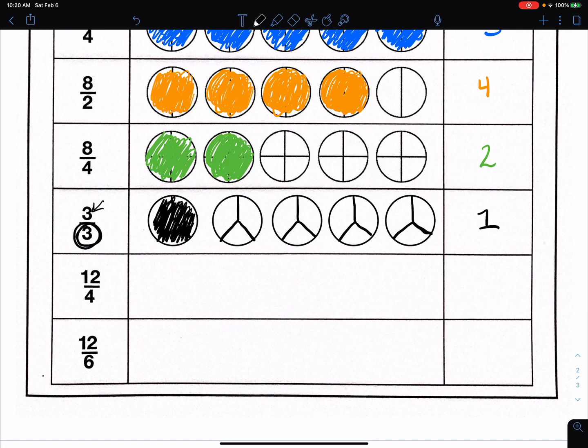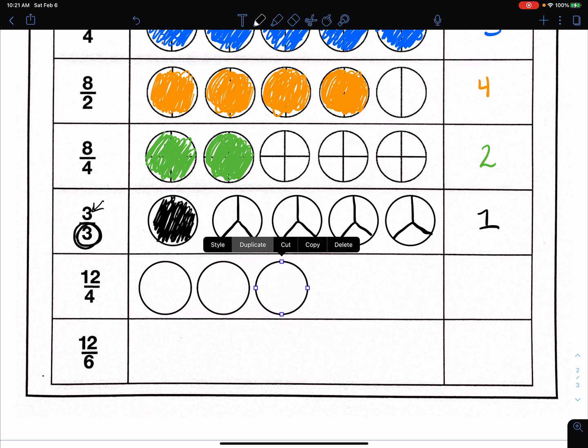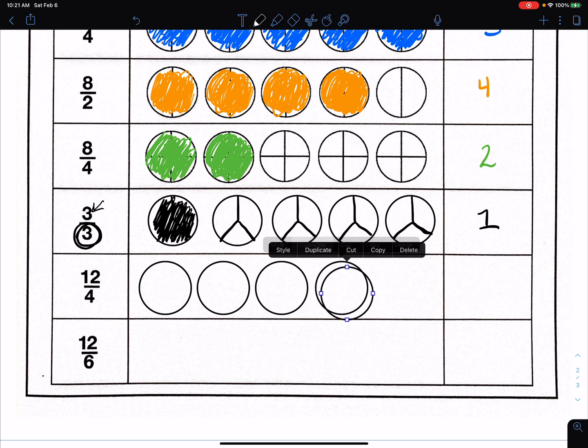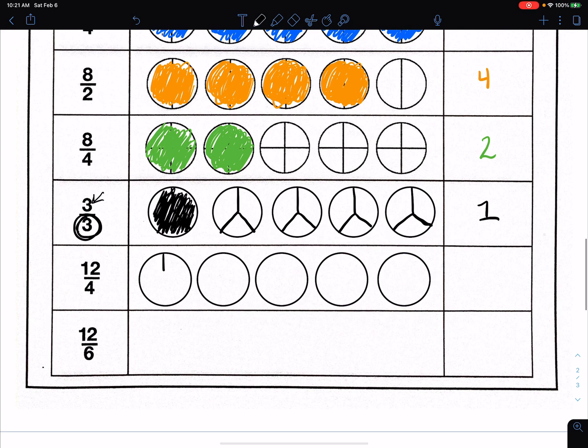So this 12 fourths, all right, I'm going to again use some circles. And I'm going to divide them into fourths.